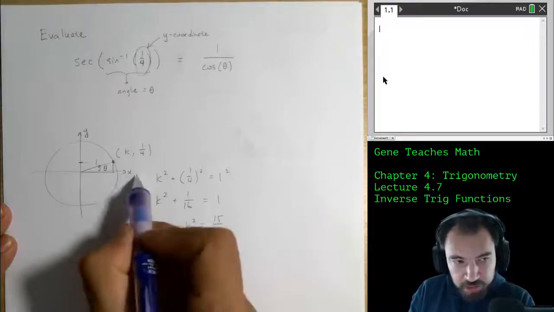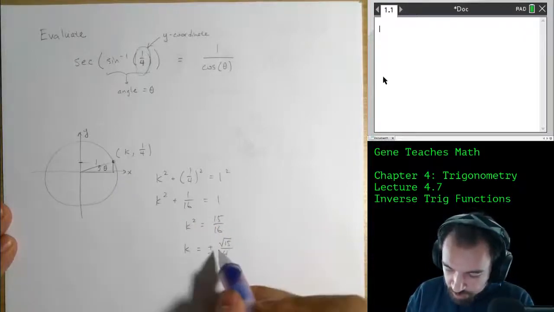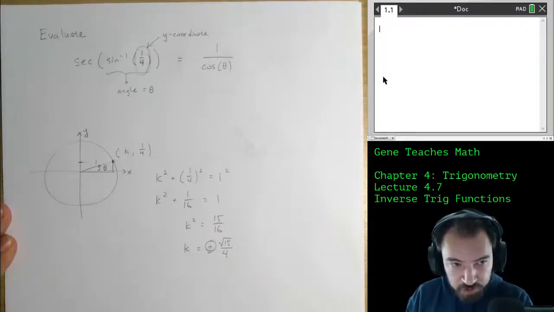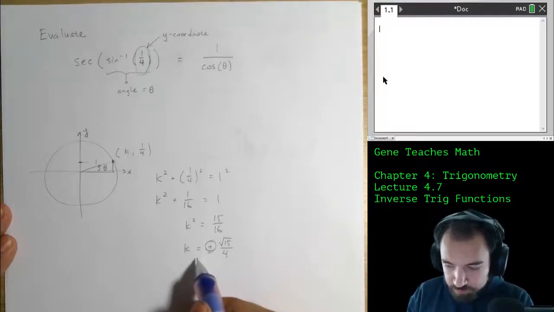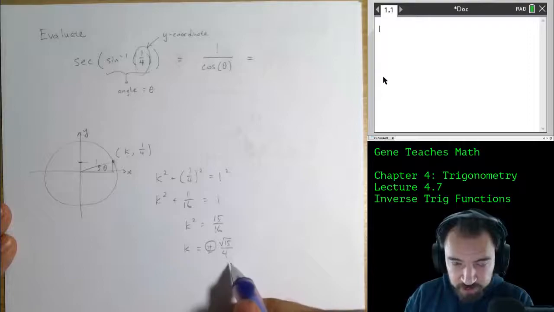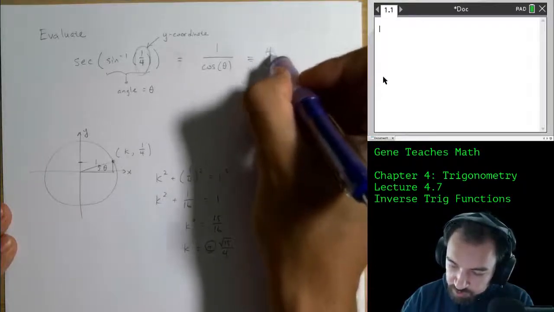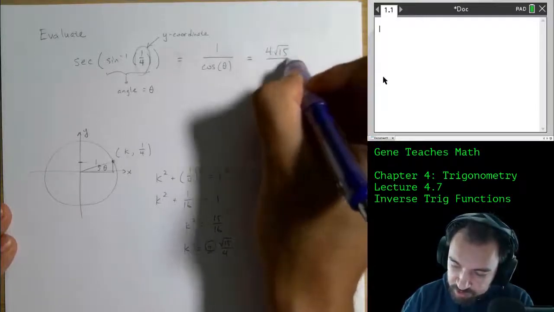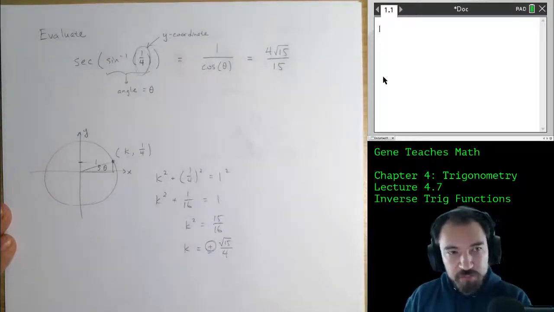But knowing that I'm in the first quadrant here, I would accept the positive value only, and that would be k. So my final answer would be the reciprocal of this, which is 4 over root 15, and I can rationalize to this value.